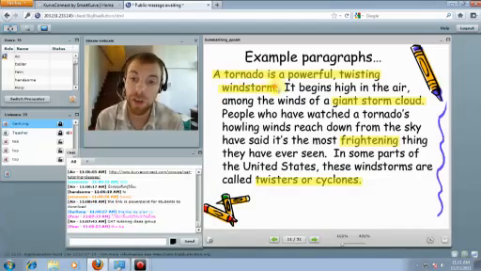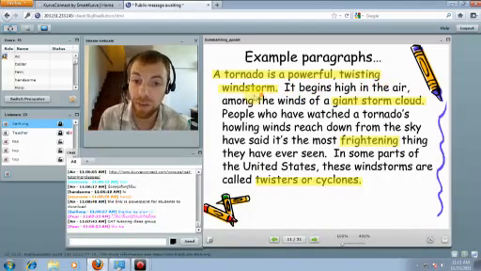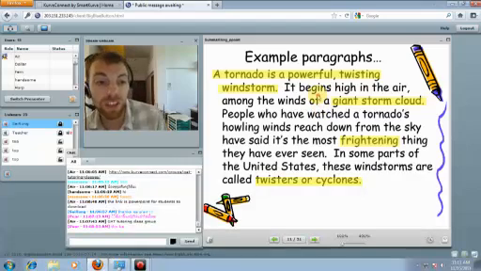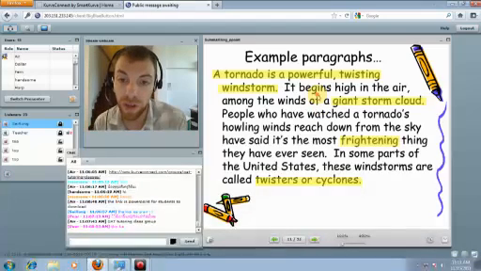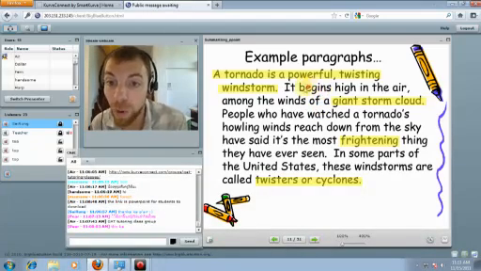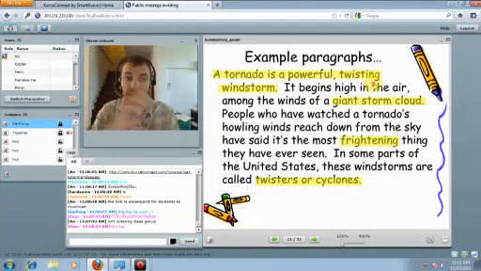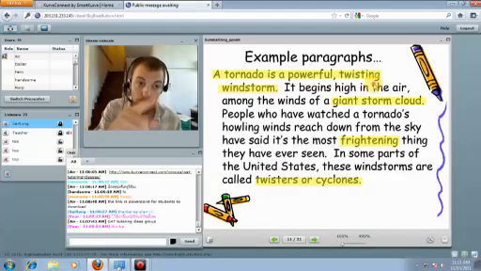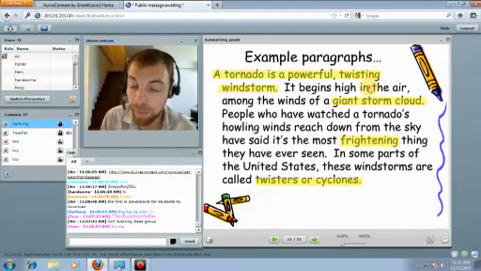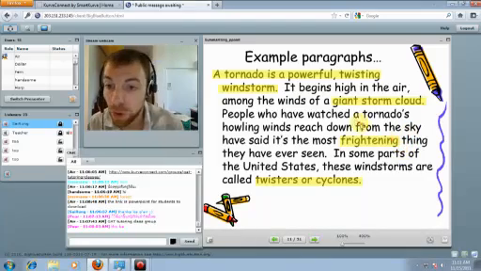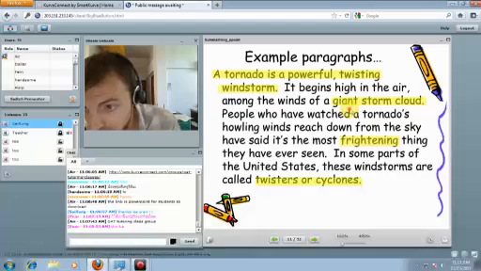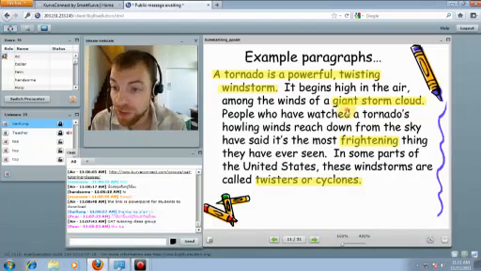So we have first our topic sentence, and then we have details to help talk about why it is powerful, very strong, and twisting. Twisting is like spinning. So our details are in yellow. So it starts from a giant storm cloud.